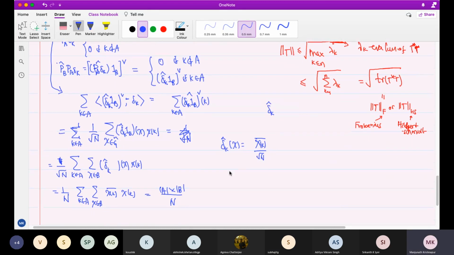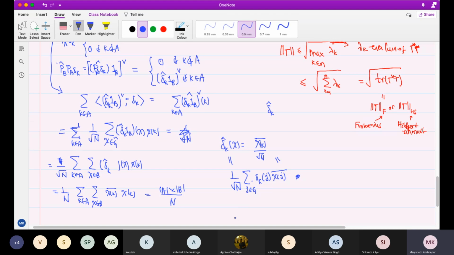So delta K hat of chi, by definition, is 1 by square root n times the sum of delta K of J, chi of J bar. This is what we should write. Only J equal to K will remain, and that will give me this. Is this what you asked? Yes, sir, you wrote delta K of chi. That does not make sense. It is delta K of J. That's correct.